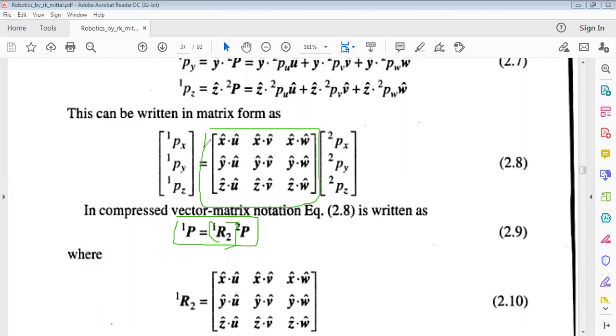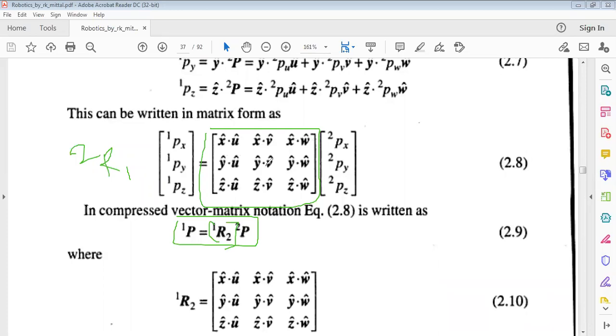Suppose in the case of 2R1, the elements in this rotation matrix are u bar x bar, u bar y bar, u bar z bar.